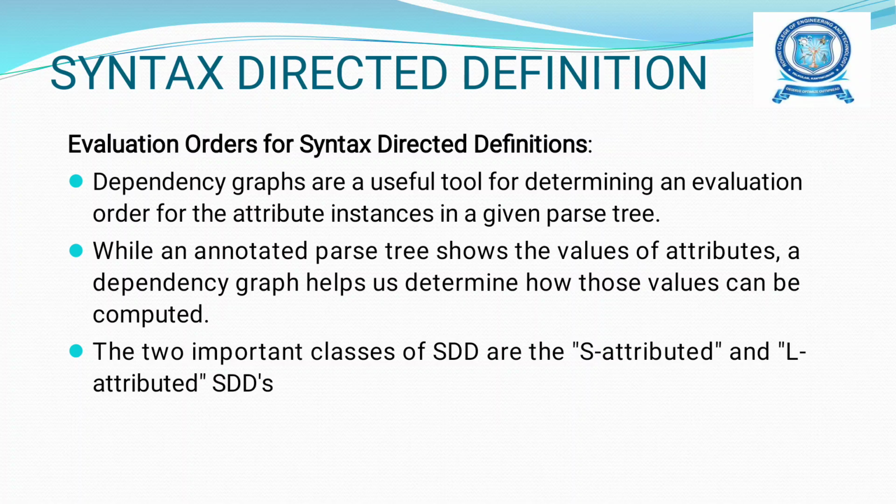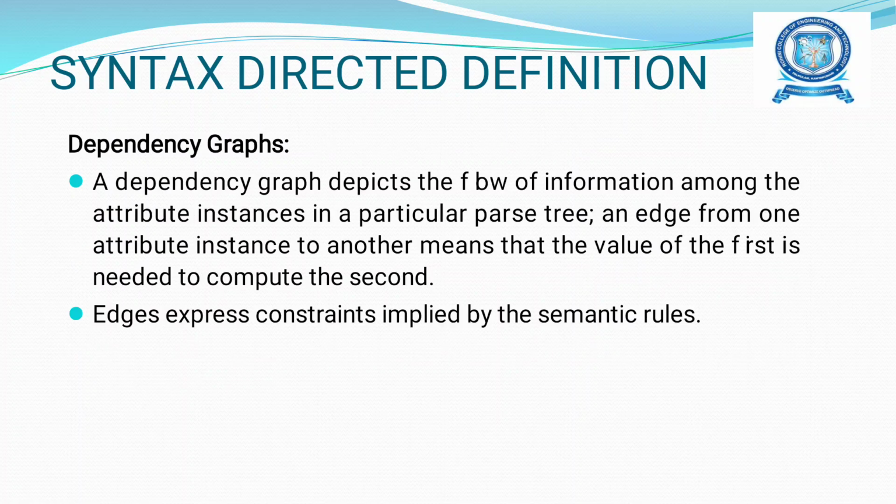While an annotated parse tree shows the values of the attributes, how the values are moved from the root node to the next node in inheritance, and how they are synthesized in S attributes, the direction of the data flow is also described in the annotated parse tree. So the two important classes of SDD are S-attributed and L-attributed.